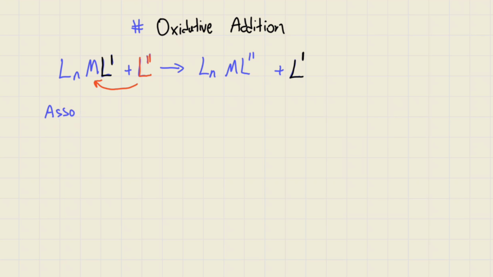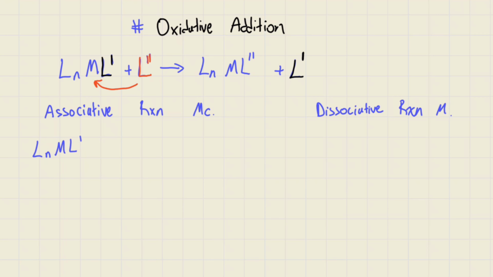The first one is associative, and the other one is dissociative. So in the associative mechanism, the complex reacts with the ligand first, and this process is pretty slow.